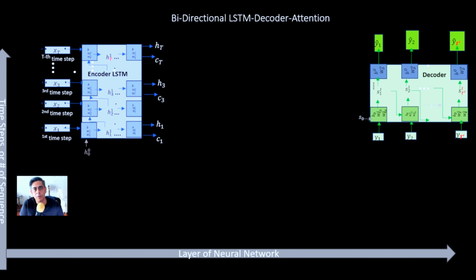Next, we have also added bidirectional RNN. Earlier the words were getting fed from x1 to xt. Now we will also do the reverse, which is along with this it is going to feed xt to x1 in the reverse direction.